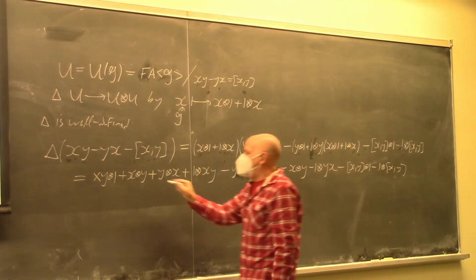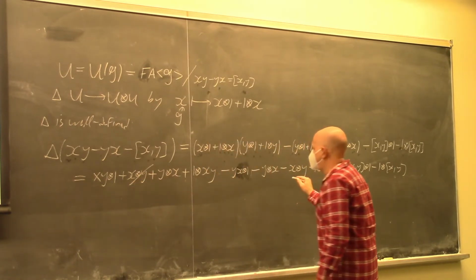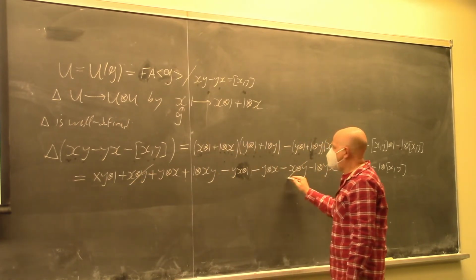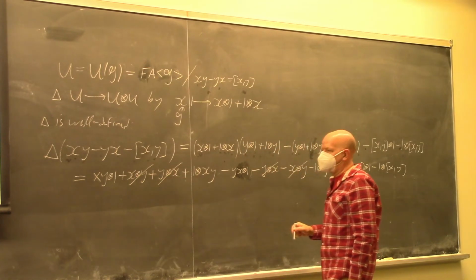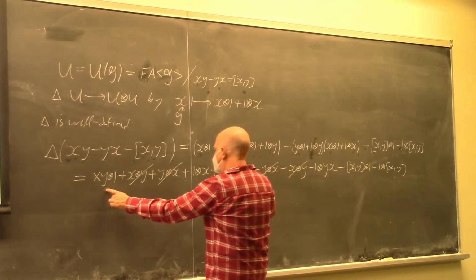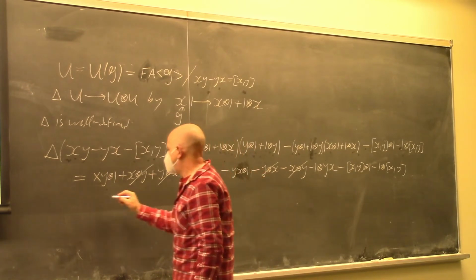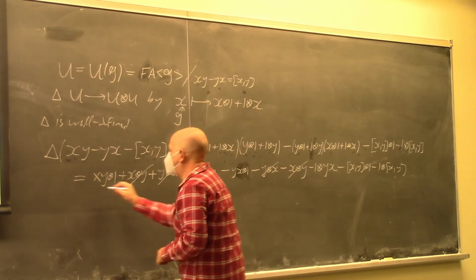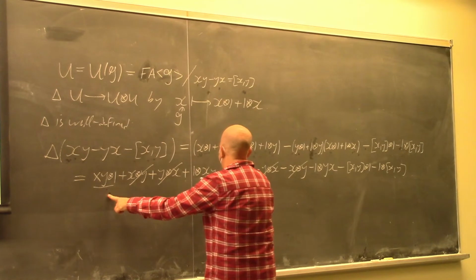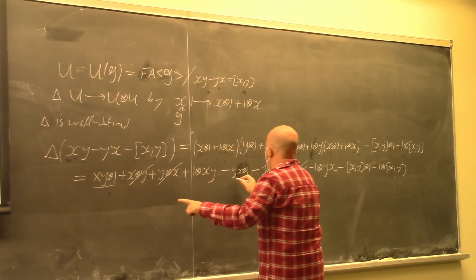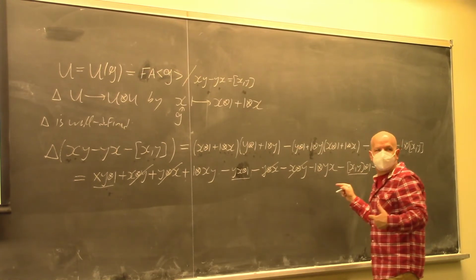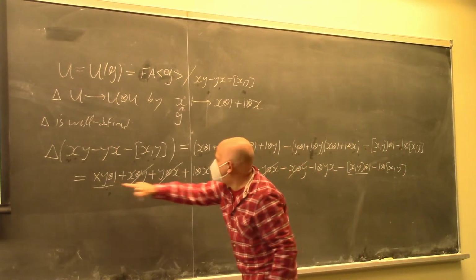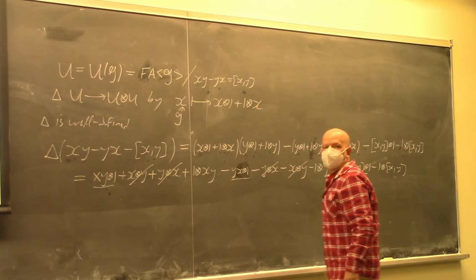And now x tensor y cancels x tensor y, and y tensor x cancels y tensor x. The three remaining things taken together all have 1 on the right tensor factor.